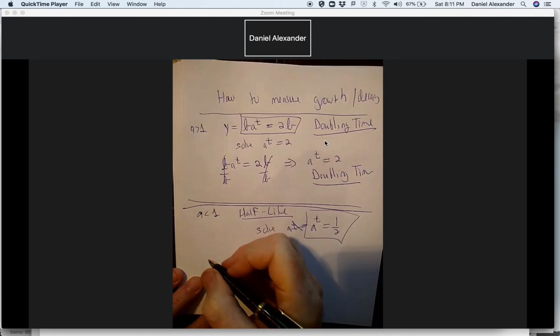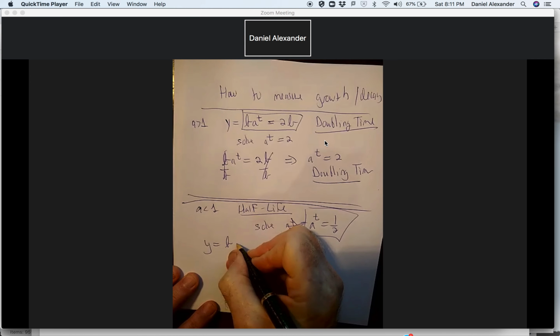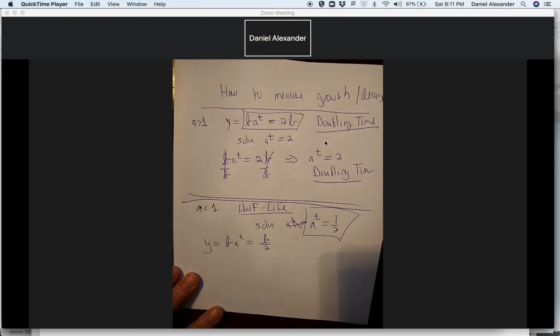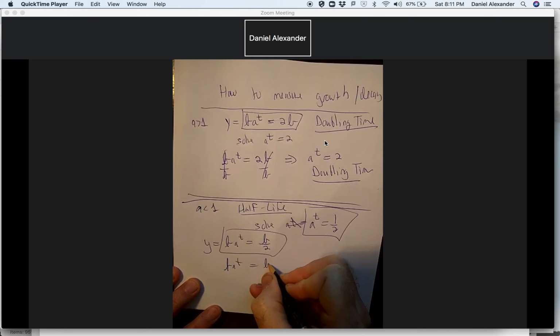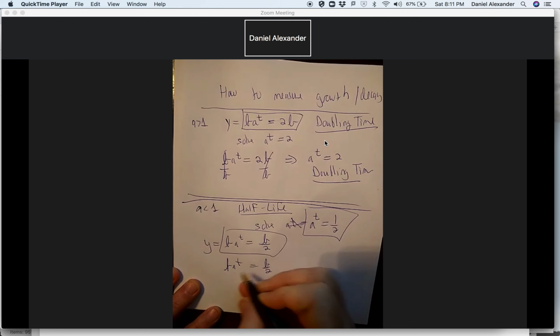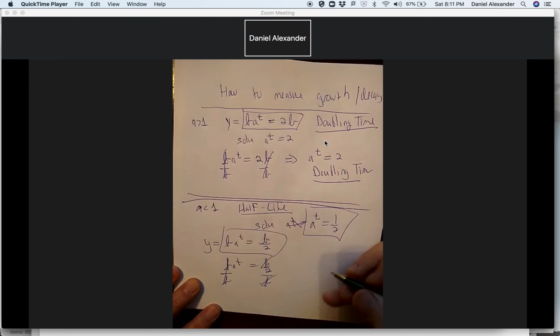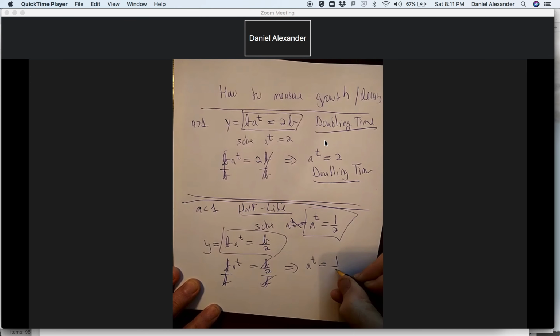To find out when something decreases by 50%, we solve b a to the t equals b over 2. Divide both sides by b like we did before. Those b's cancel, and we're left with a to the t equals 1/2.